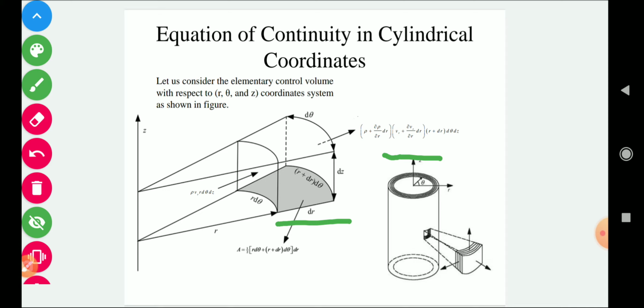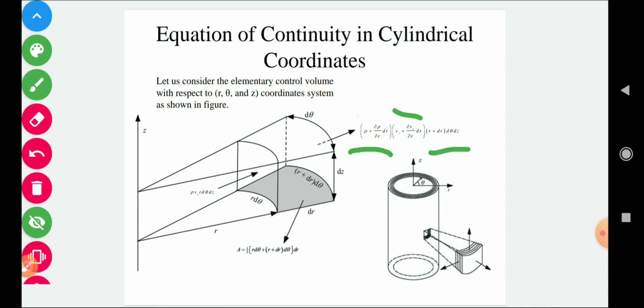So the final velocity at the exit surface will be equal to the initial velocity vr plus the change in velocity, del vr upon del r into dr. So this is density, this one is velocity, and this one is area.